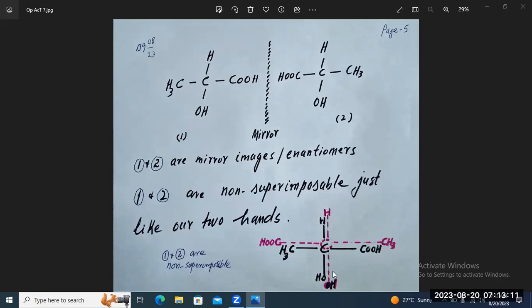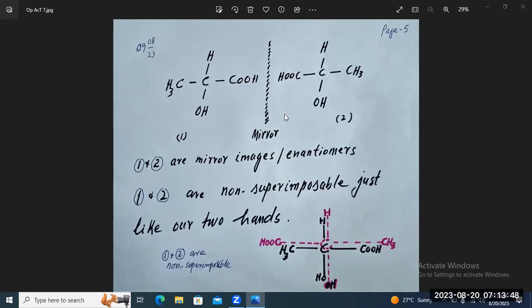Here you can see the carbon of structure number 1 represented by black, and the carbon of structure number 2 represented by red. The COOH, or the carboxylic group, of structure 2 is coming just upon the CH3 of structure number 1.